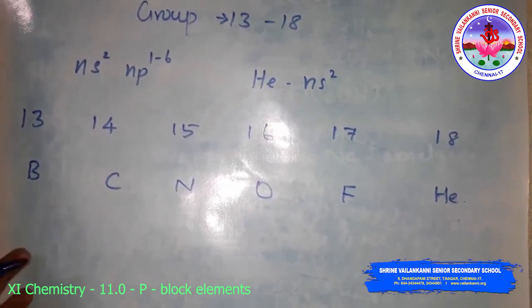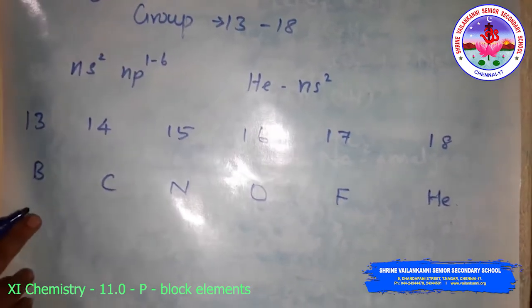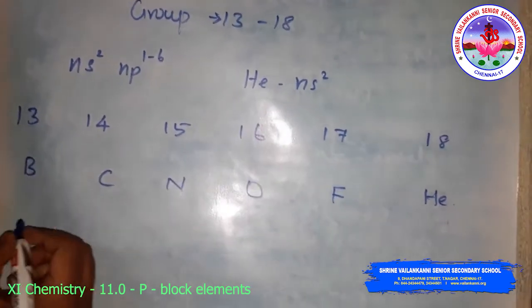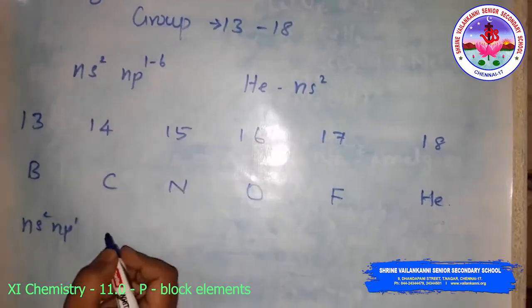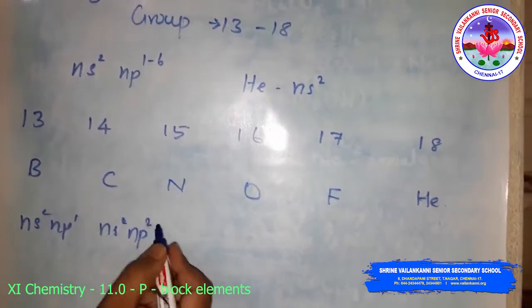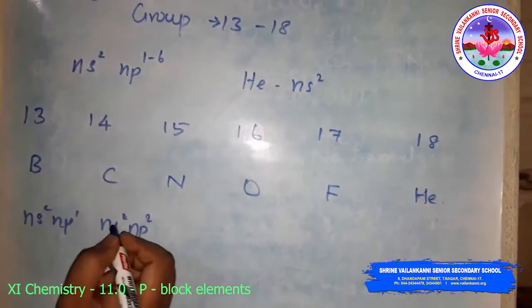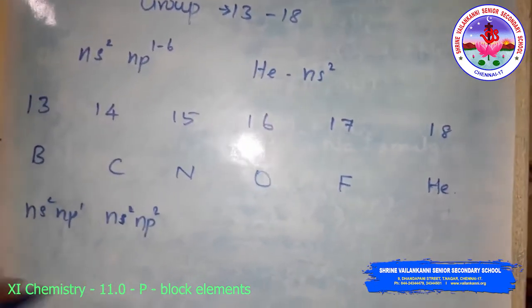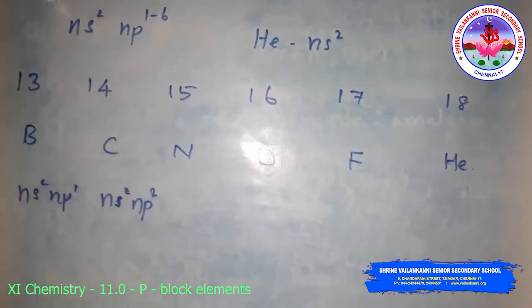The general electronic configuration of group 13 elements is ns2 np1. Carbon is ns2 np2. That is the outer or valence shell electronic configuration.